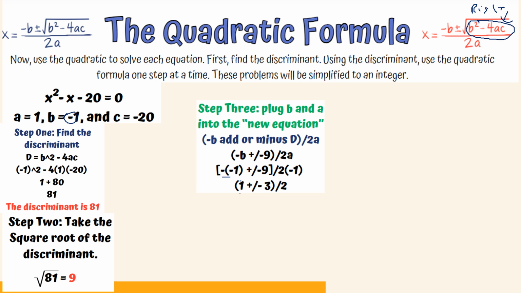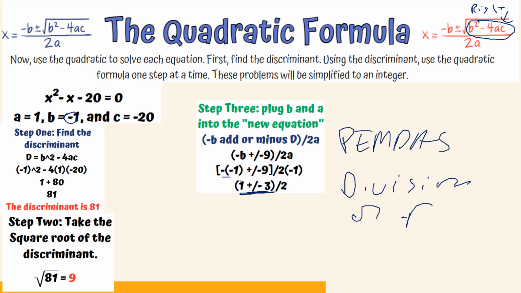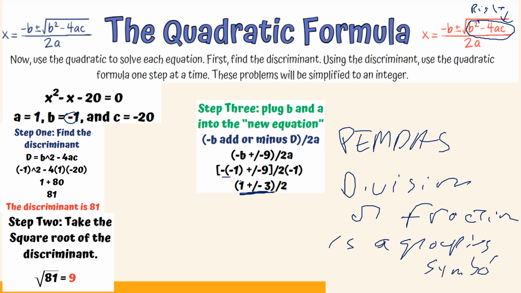So we're going to work what's up here first, because we're doing PEMDAS. And your division, or your fraction bar, is also a grouping symbol. So what this means is we do what's on top of our fraction, 1 plus or minus 3, divided by 2.